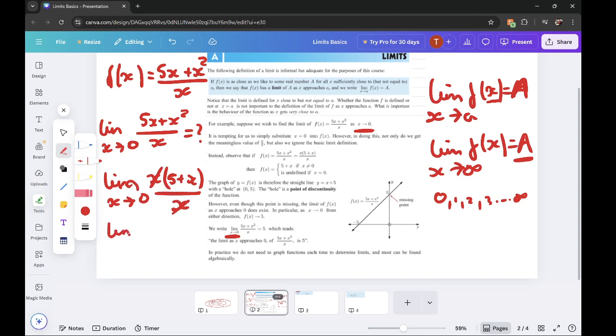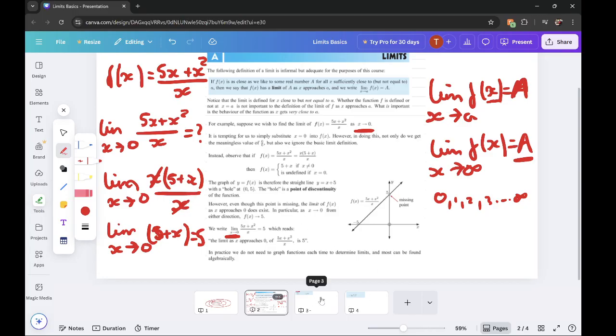And now we have the limit as x approaches 0 of 5 plus x. This is our value. So now we can substitute x equals 0 and we get our answer as 5. This is the answer to the limit as x approaches 0 of 5x plus x squared over x.